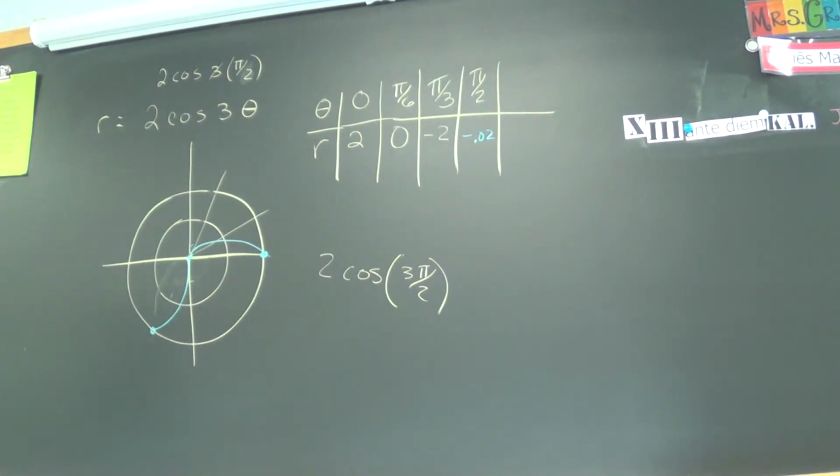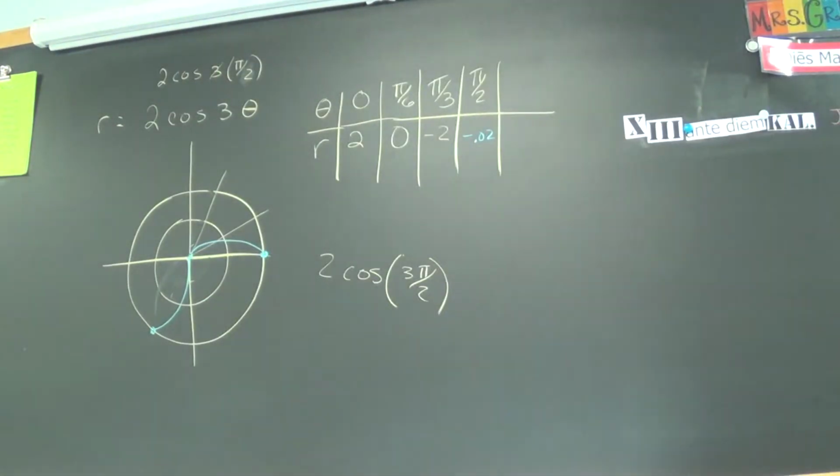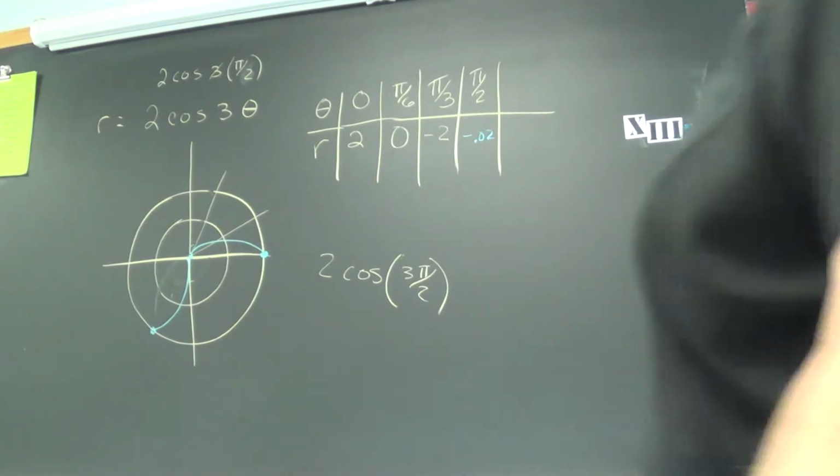When I plug it in like that, I get 0. Let's look at your unit circle. 3 pi over 2 is down here, and it's the first coordinate. So it's 0. So why aren't you getting 0 when you plug it in?